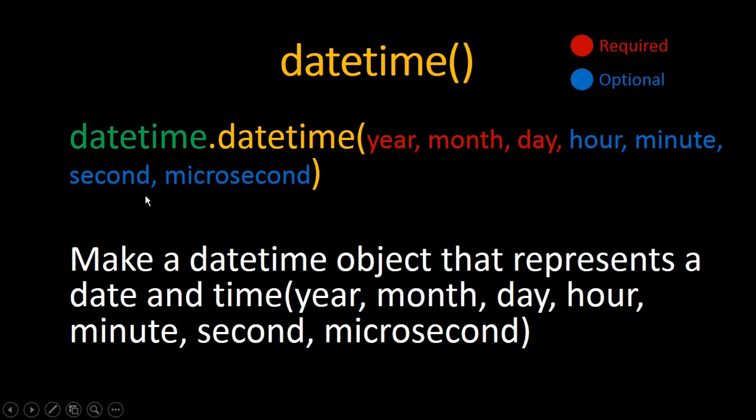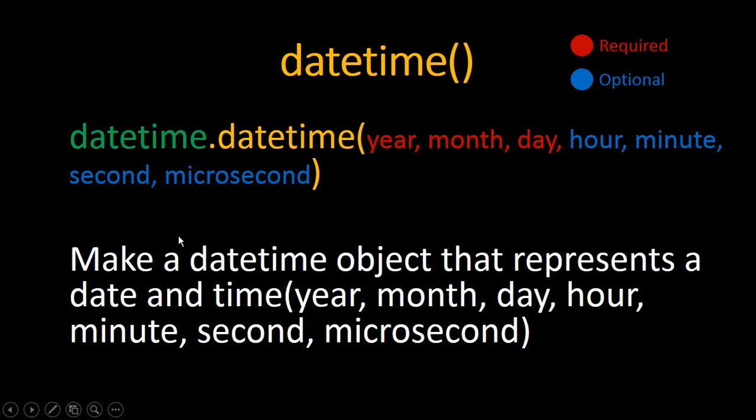And here we have the hour, minute, second, microsecond for the time, which are optional. We saw in the time object the hour is not optional, it's required, but here in the datetime it's optional. So don't forget, year, month, day, hour, minute, second, microsecond. You should put them in that order.